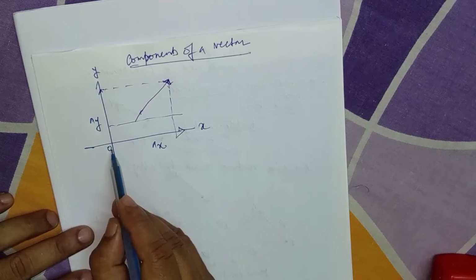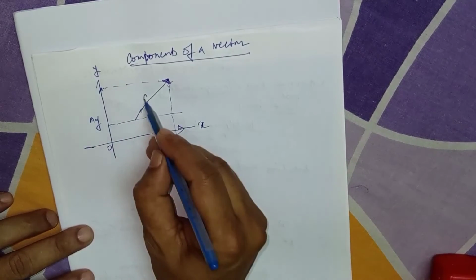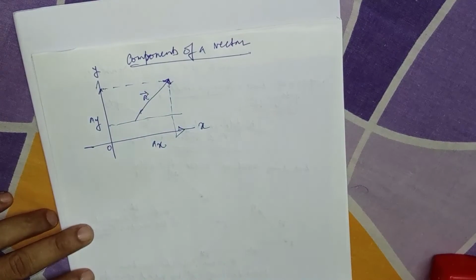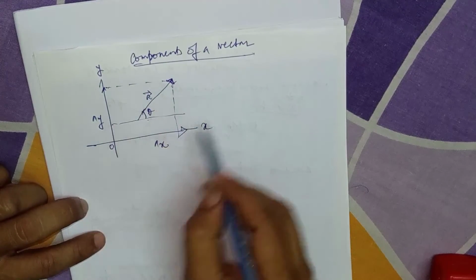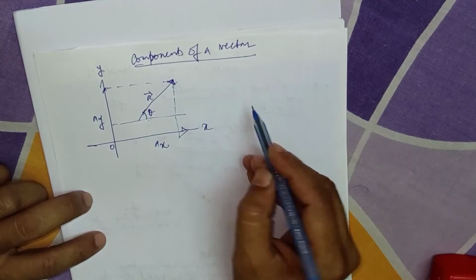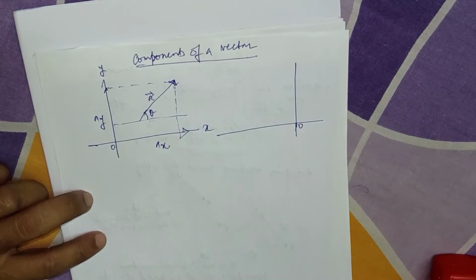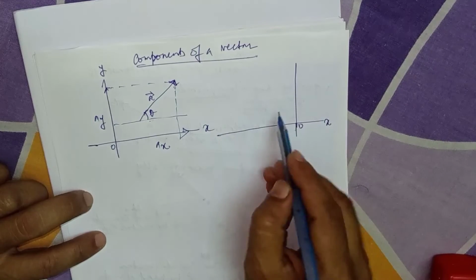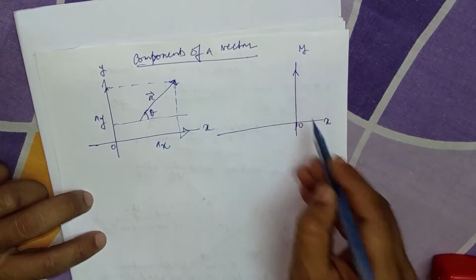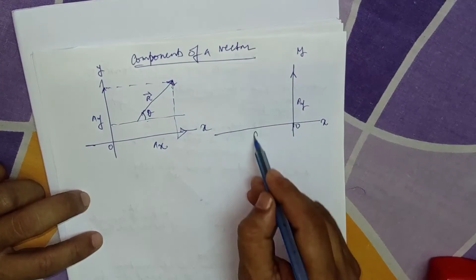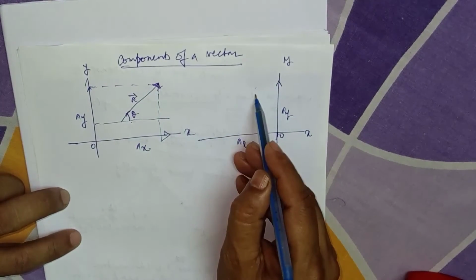So this is the origin, this is the ax component, this is the ay component of the vector, making an angle theta. This can also be done in a separate way, just I'm telling you. If this is the origin, this is x, and this is the y direction, this component is ay and this component is ax as usual, but again it will start from here.